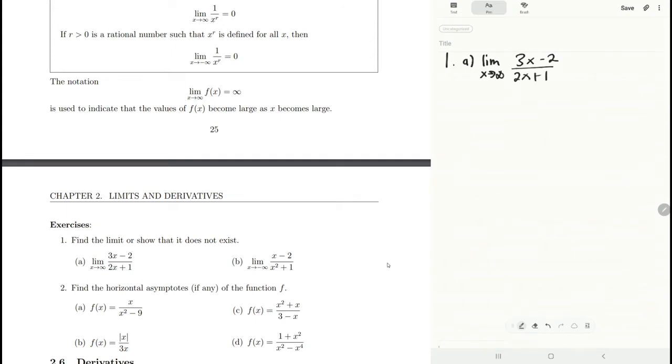So one method that we can use when we're working with rational functions is to look for the highest power in the denominator. Here in the denominator we have 2x plus 1, and the highest power of x is x.